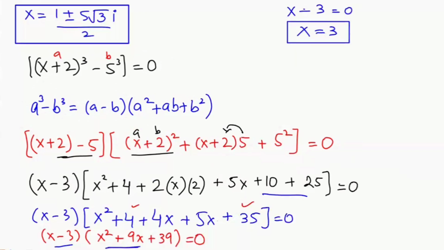Now we are going to solve this quadratic equation, x square plus 9x plus 39 is equal to 0. The a value we have is 1, b is 9, and c is 39.